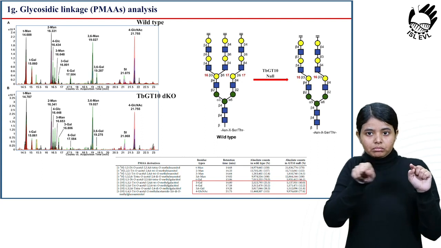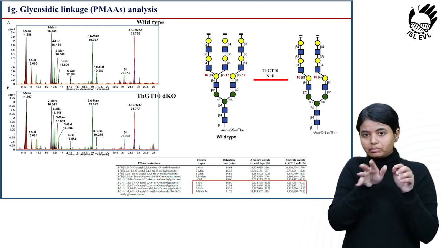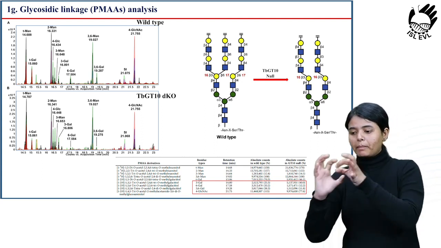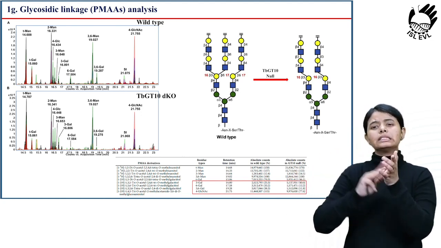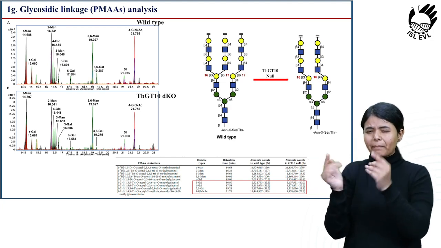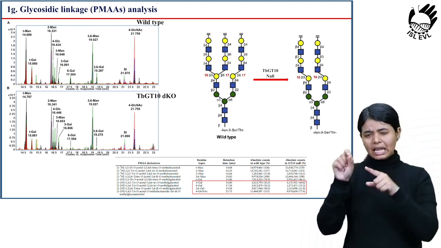So based on this analysis, we concluded that TBGT10 is a UDP glucanac transferase, and it contributes to the majority of beta 1,6 linked polylactosamine repeats in the glycosidic linkages in the complex N glycans.